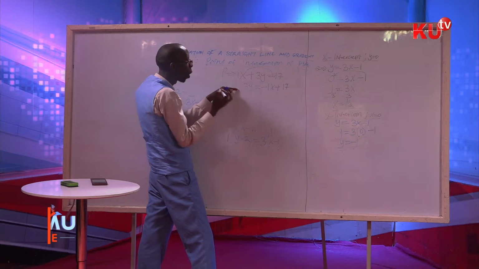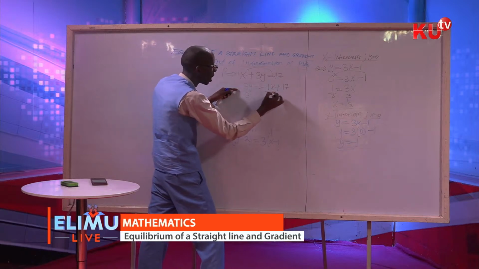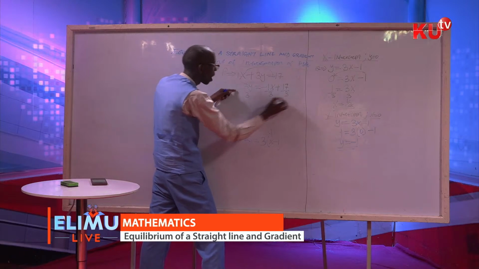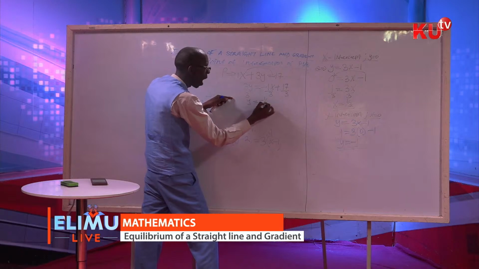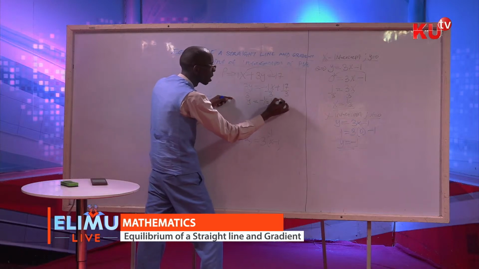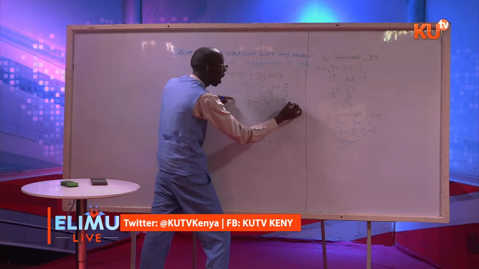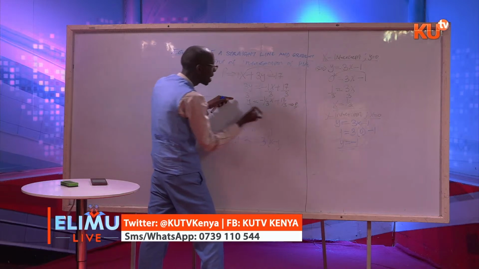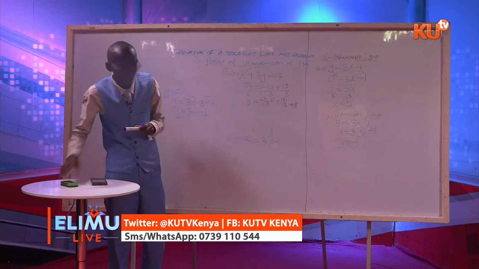Divide both sides by 3. y is equal to negative 1 over 3x plus 17 over 3. This is our P equation in the form y is equal to mx plus c.